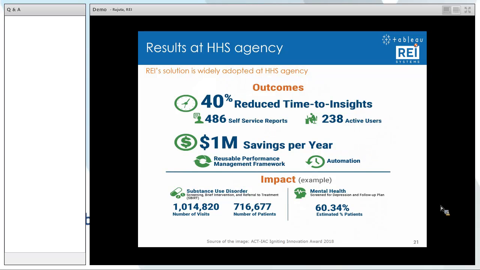This solution also allowed the programs to easily quantify their mission impacts in a very concise way. These metrics come from a program that was looking to quantify the benefits in substance use disorder and mental health areas. The source, as you can see, is the ACT-IAC Igniting Innovation Awards 2018, as mentioned by Jeff earlier.